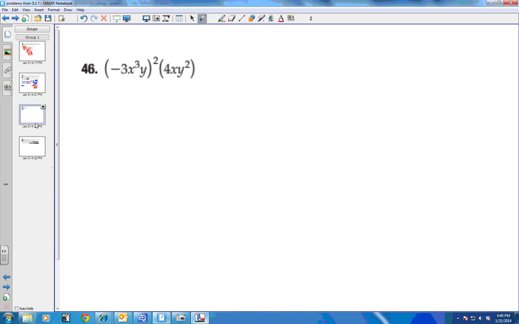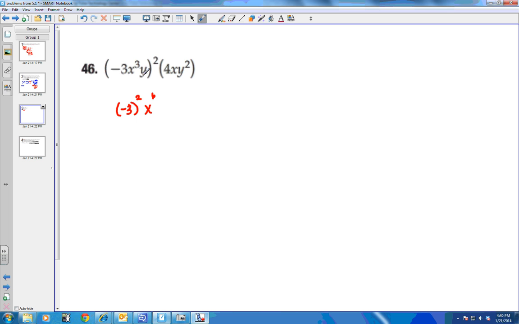Number 46. Okay, number 46, this 2 has to go with everything inside this first set of parentheses. So I'm going to say, okay, I have negative 3 squared, and I have x to the third raised to a power, so we multiply the exponents, so that's going to be x to the 6th.